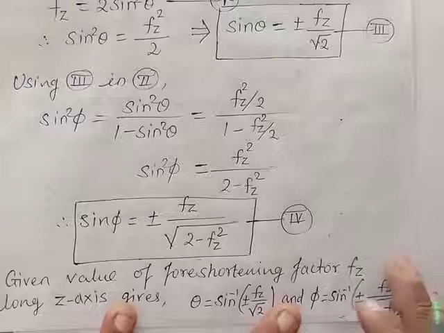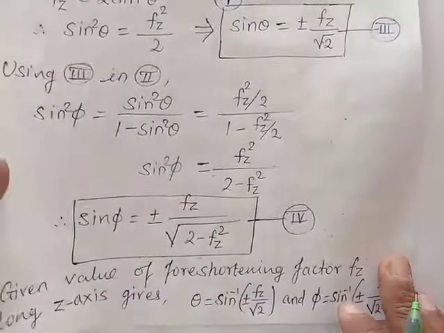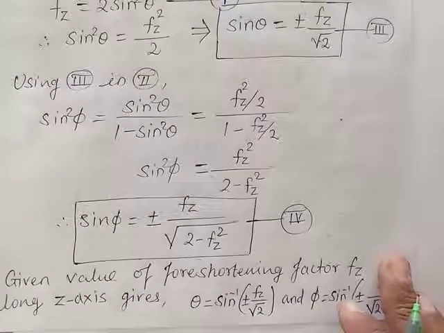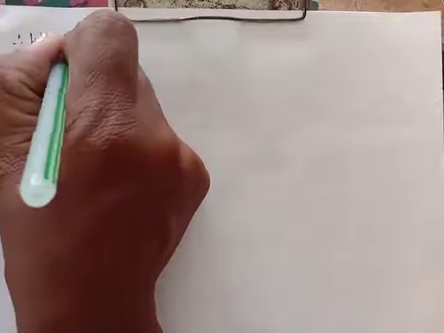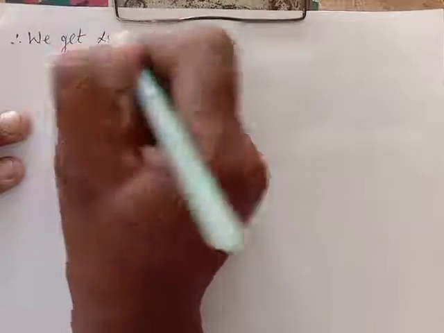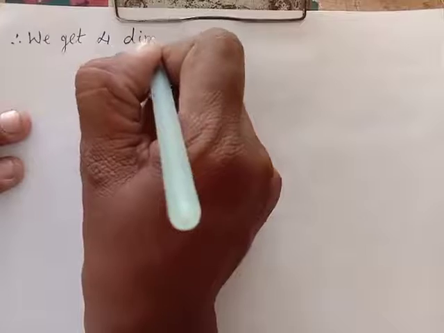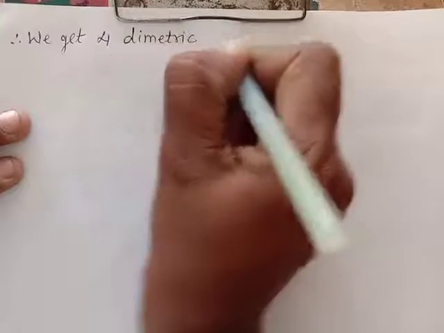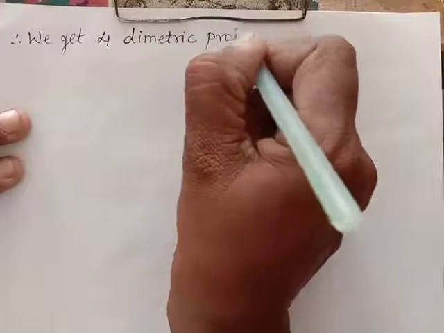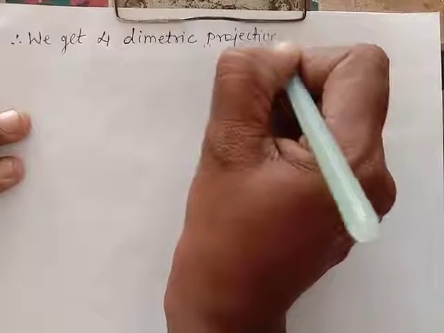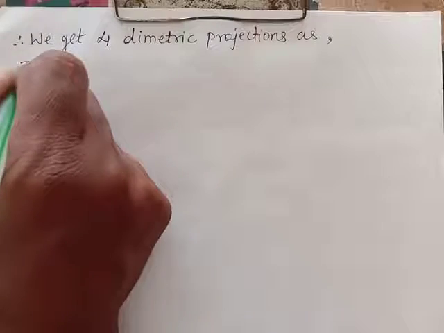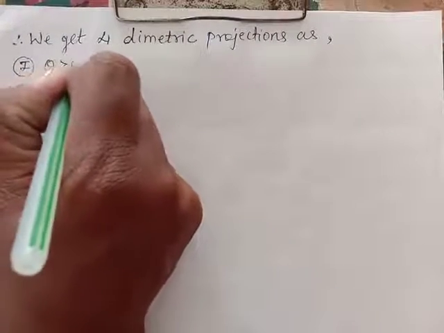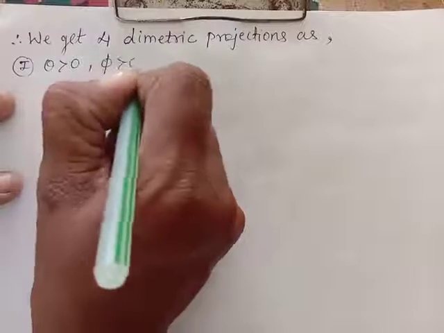Okay, now from this we get 4 diametric projections. Therefore we get 4 diametric projections as first, theta positive, phi positive.